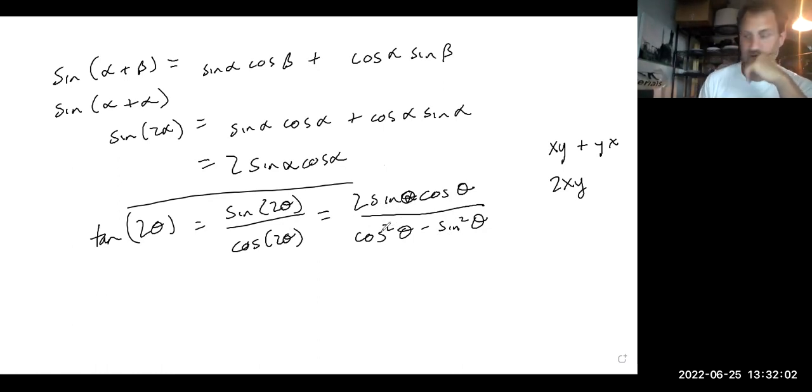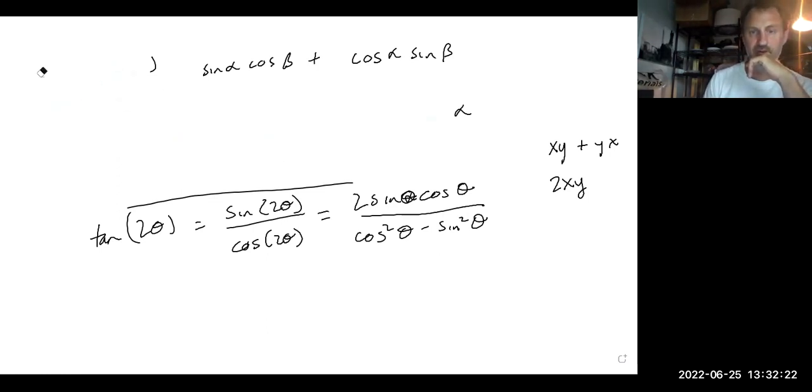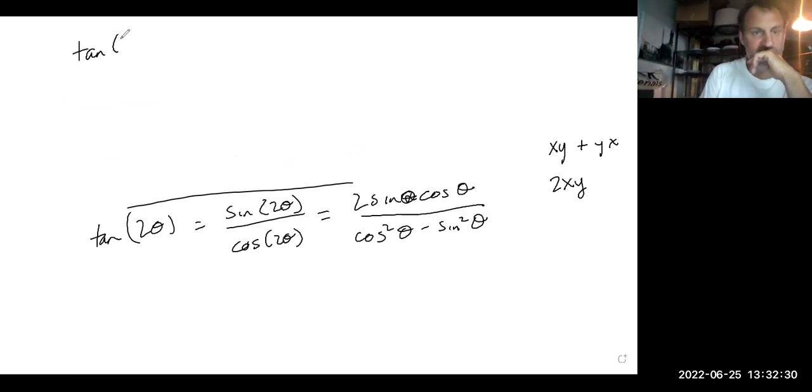Now, where we're headed is we're going to be looking at proofs. So let's just set ourselves a little challenge here. So I'm going to clear this out. I guess I'll erase the top part. So we want to prove that tan 2 theta is equal to 2 over cotangent theta minus tangent theta.